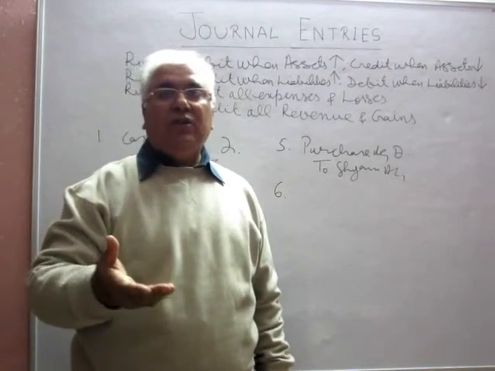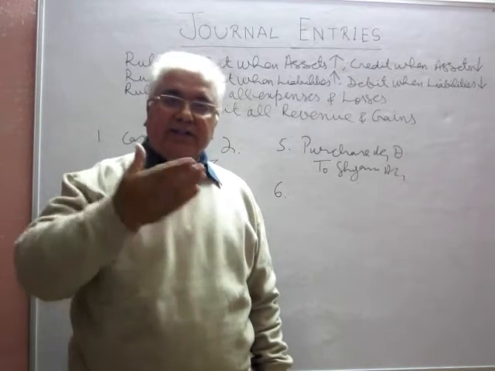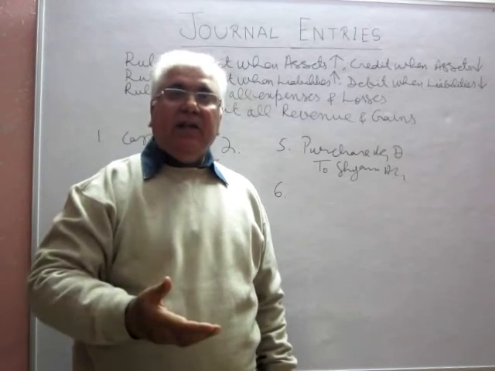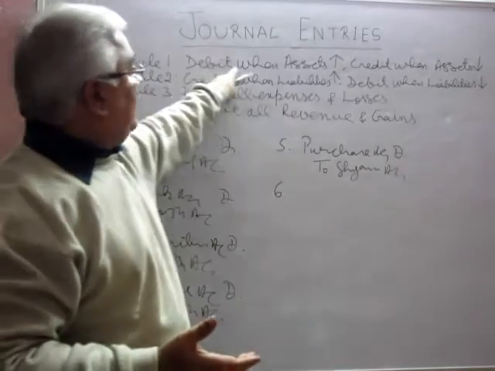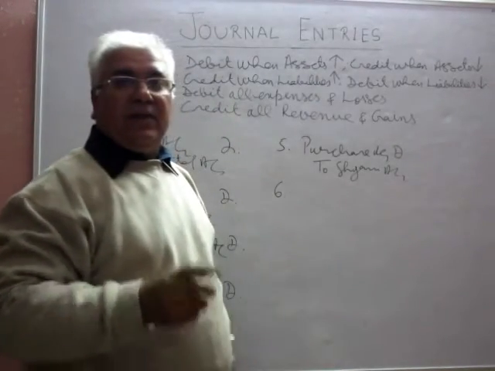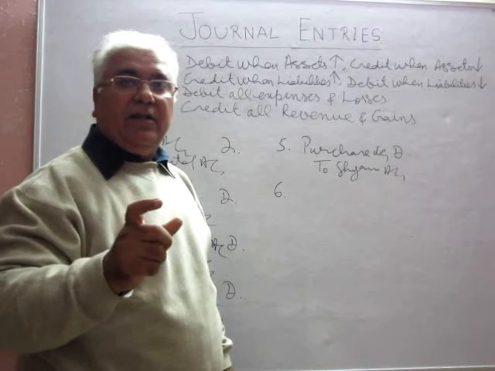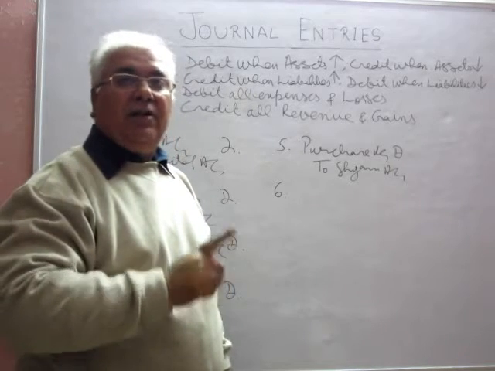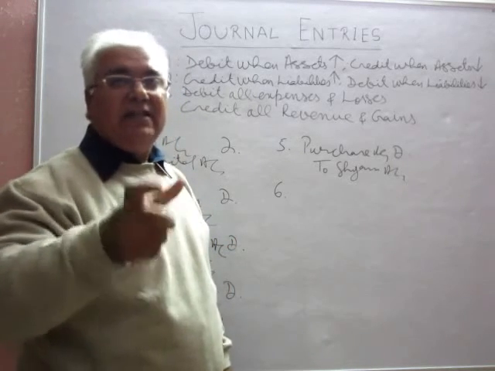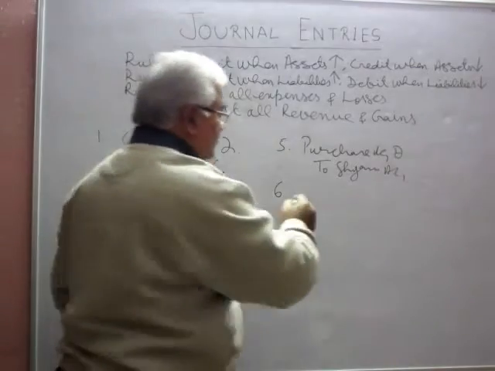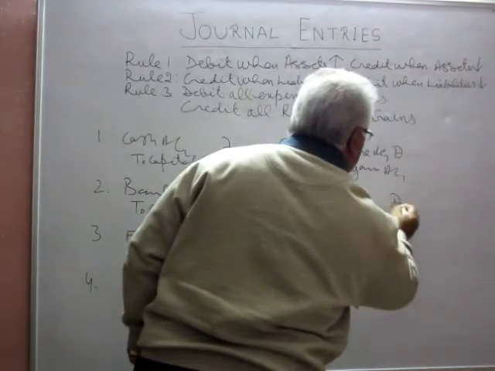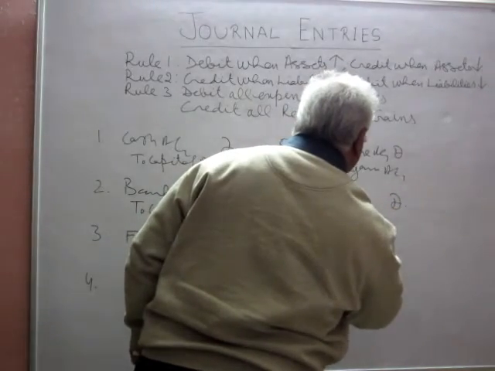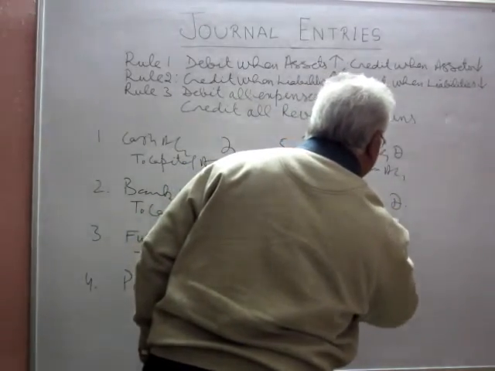Since we have sold goods for cash, cash is coming in, cash is increasing, hence cash will be debited, the rule being debit when assets increase. So our journal entry in this case will be cash account debited to sales account, that is, sales account credited.